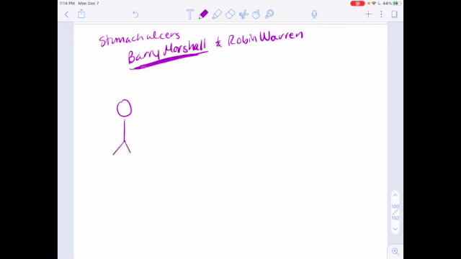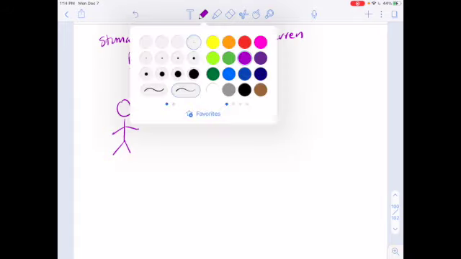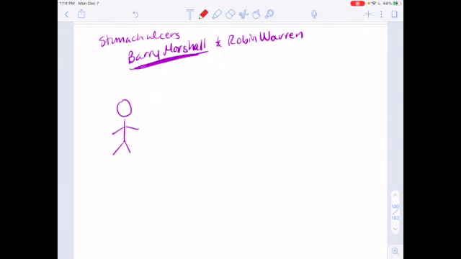So they took Koch's postulates to heart: the microbe has to be found in every case of the disease, and you have to isolate it from the diseased tissue. So they took some patients who had stomach ulcers, and they did isolate a microbe from their stomach ulcer.